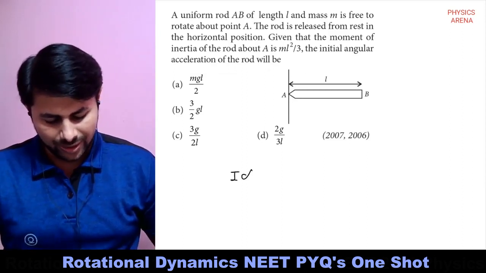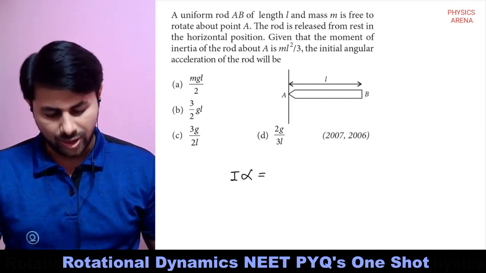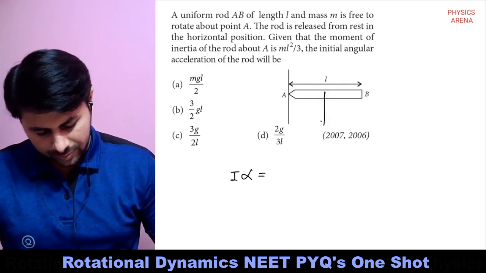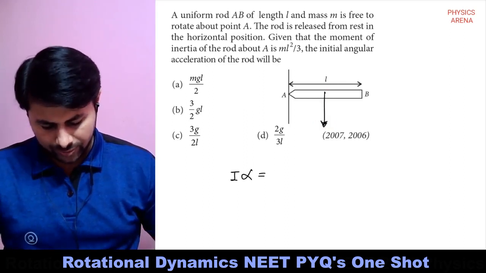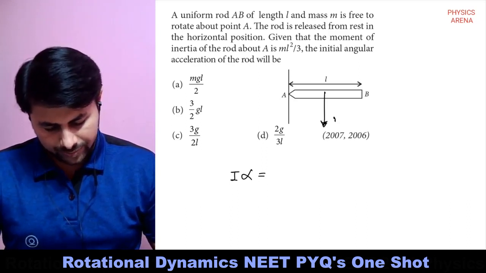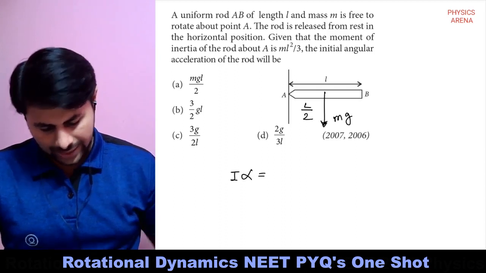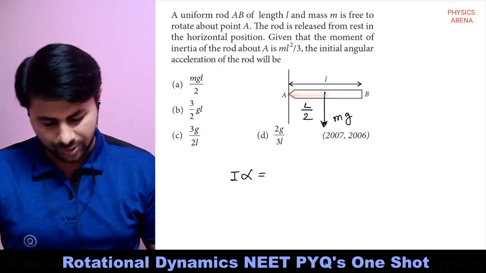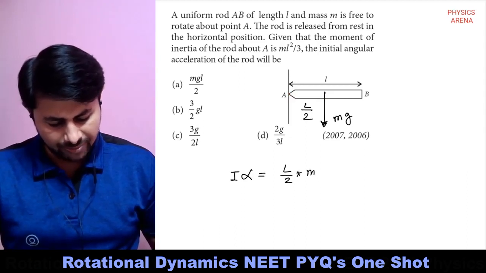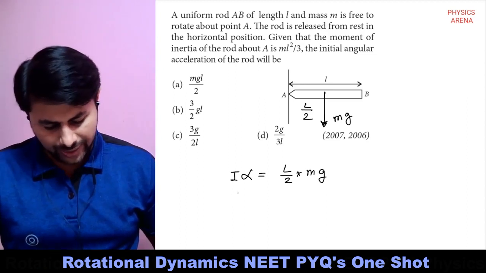So I alpha equals what? The torque. Okay, tau equals I alpha. So how much is the torque? Torque is equal to, so there is this gravitational force acting on it, mg, and it acts at distance L by 2 from A. So torque is L by 2 multiplied by mg, and I is given, I is ml square by 3.